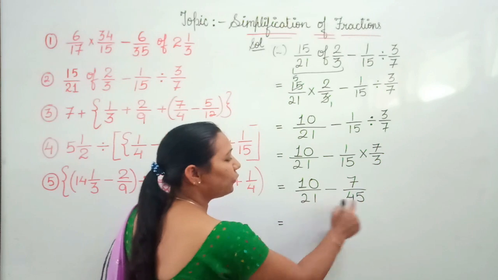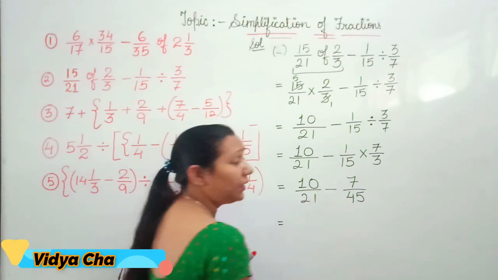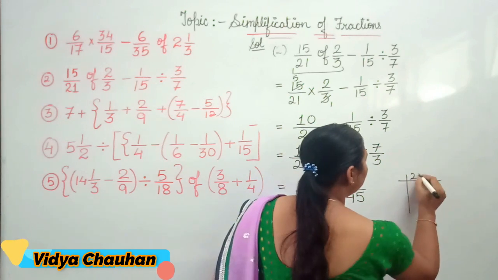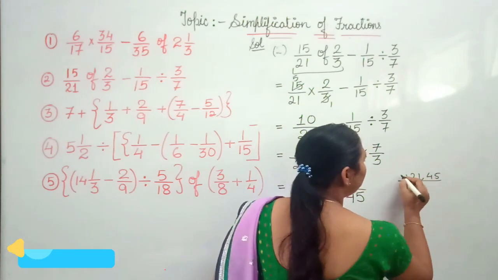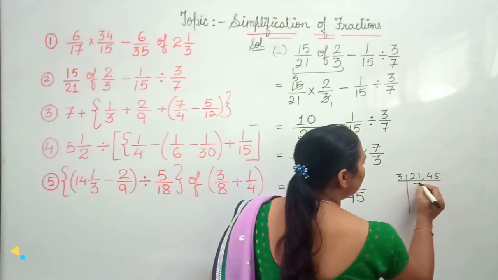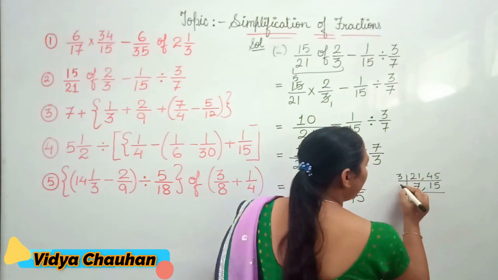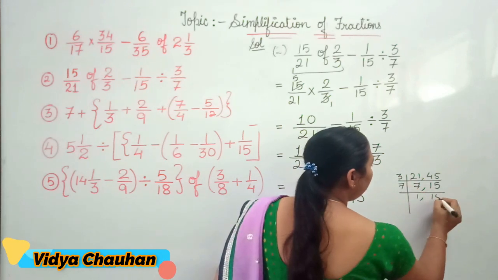Now the LCM of 21 and 45. Taking the LCM of 21 and 45 here, dividing the terms by 3: 3 sevens are and 3 fifteens are. Now dividing by 7, 1 time, 15 times.